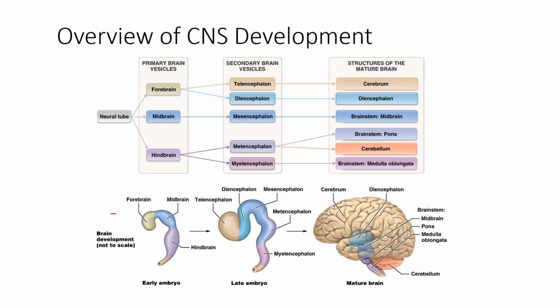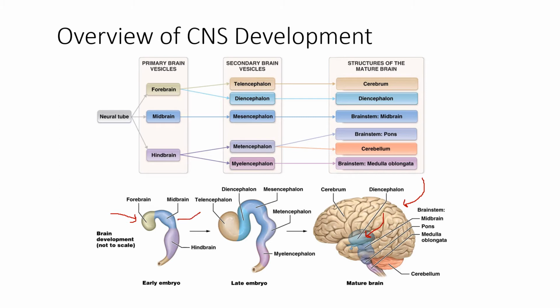The forebrain, which is this olive-colored structure, eventually develops to become the cerebrum and the diencephalon in an adult. The cerebrum in this image on the right is illustrated by the taupe covering of the brain, and the diencephalon is this blue mass that you see here that's deep to the cerebrum.